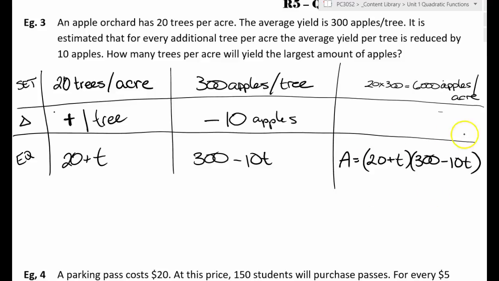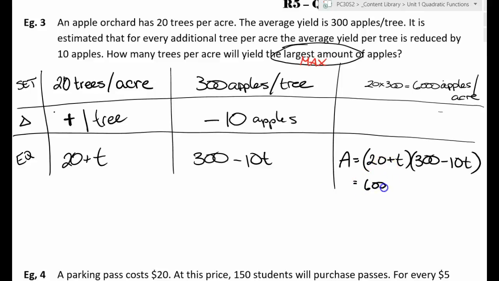Well, once I have this equation here, now I can actually manipulate it to look back to my question and say how many trees per acre will yield the largest amount. Well, largest amount is another way of saying maximum. So again, we're talking about optimizing. So the first thing I'm going to do is expand this equation.